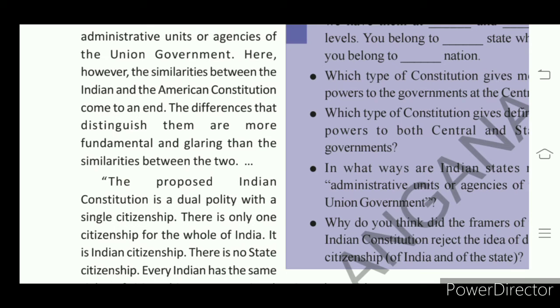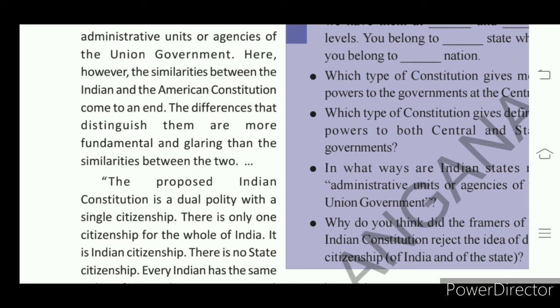So they have dual judicial system. Where there is a dual judicial system, it may produce diversified laws. 50 states have 50 diversified laws. Okay.